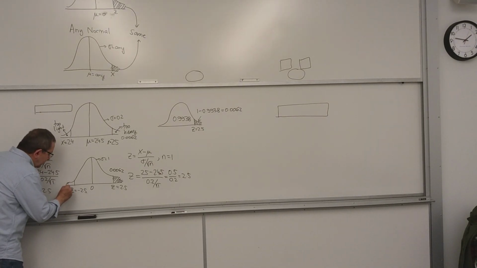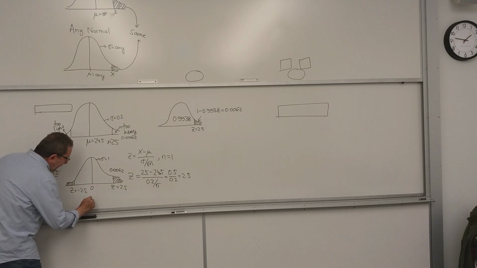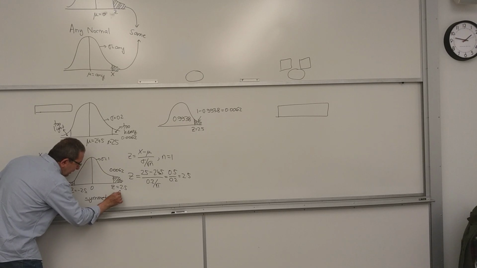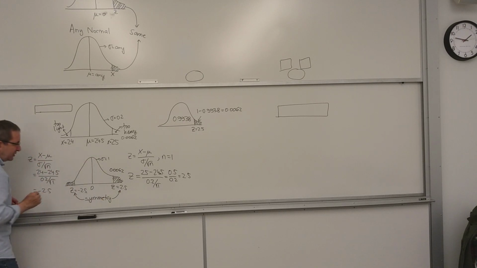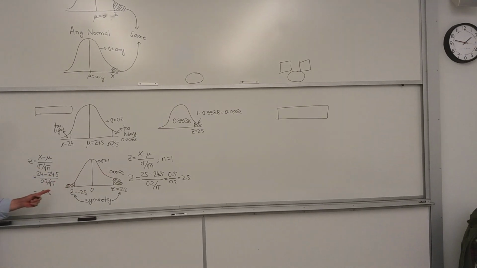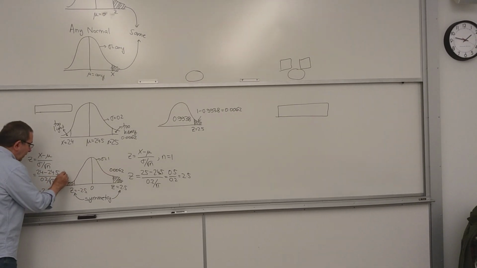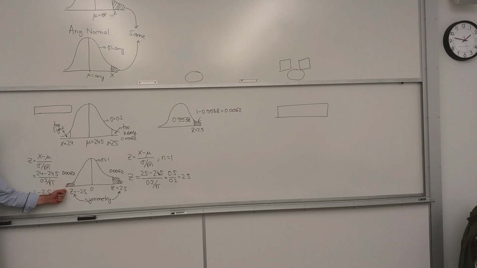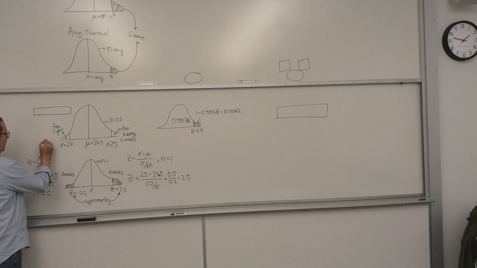So I don't even have to look this up because of symmetry. Because of symmetry, they will have the same tail probability. So we know this tail probability, and from here we can go to this tail probability, which is 0.0062.